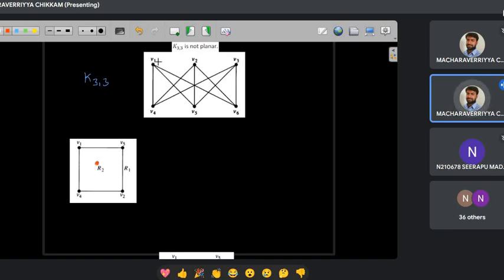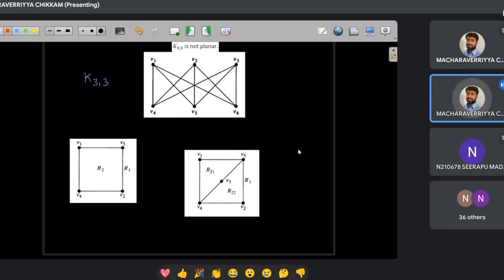Either you take one of V1, V2, V3 or V4, V5, V6, anything. For example, if you take V3, which is connected to V4 and V5, then taking a vertex here and the edges incident with it divides this region into two parts, as shown in this picture.